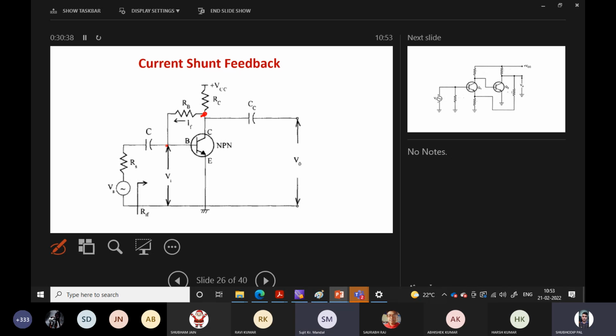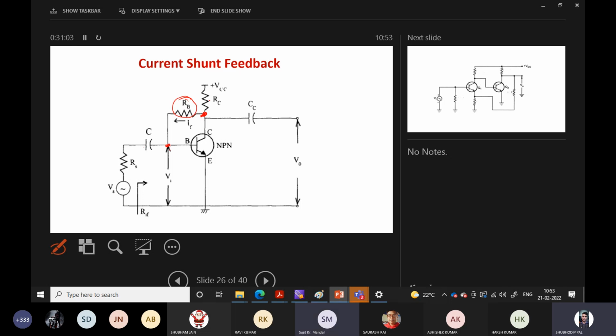So part of the output current is taking this path through this resistor, and it is connected to the input, where it also appears in shunt. With respect to this point, these two paths appear parallel, and with respect to this point, these two paths also appear parallel.